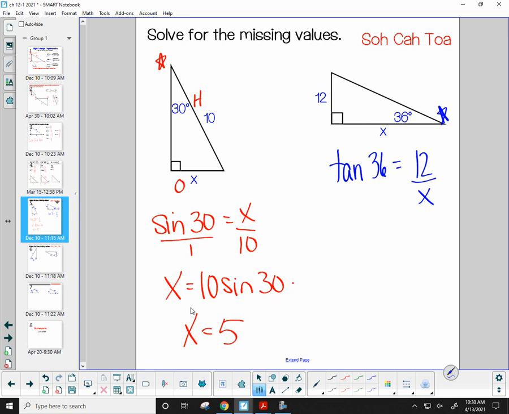Okay, so I'm going to cross multiply. So I'd end up with x times the tangent of 36 equals 12. Keep in mind, tangent of 36 is just some number in a table, right? So I need to divide. I need to break up that multiplication. I need to divide by the tangent of 36.